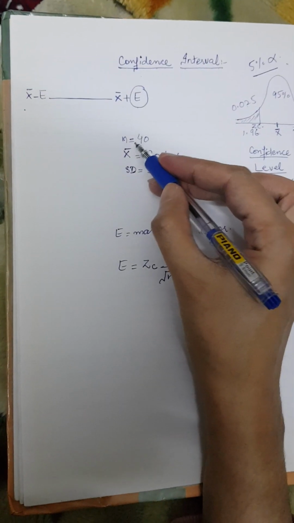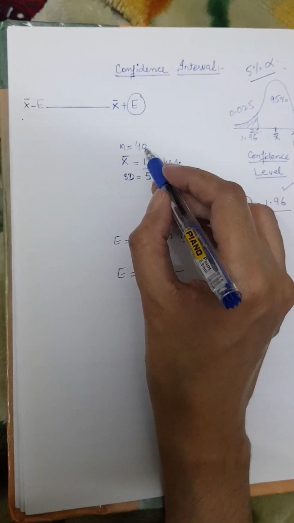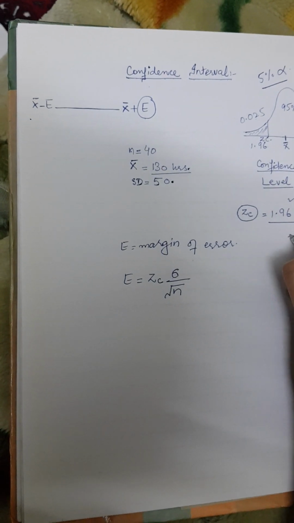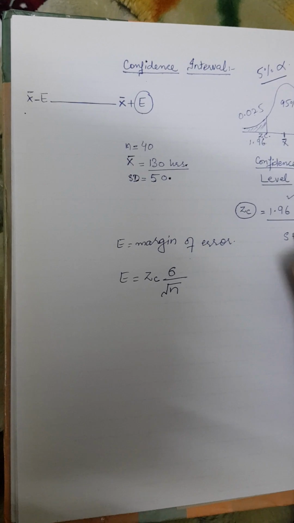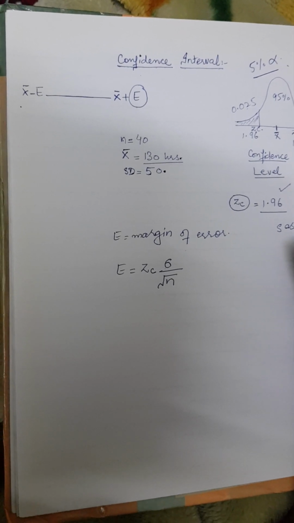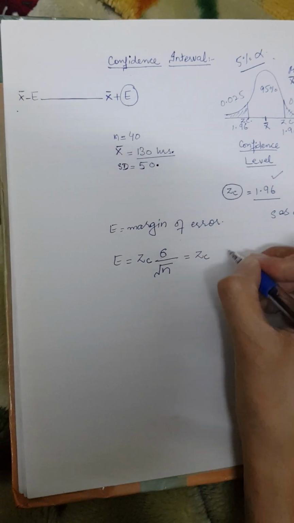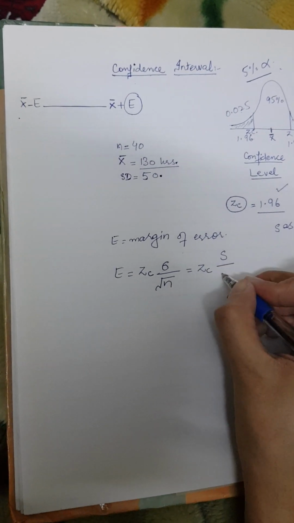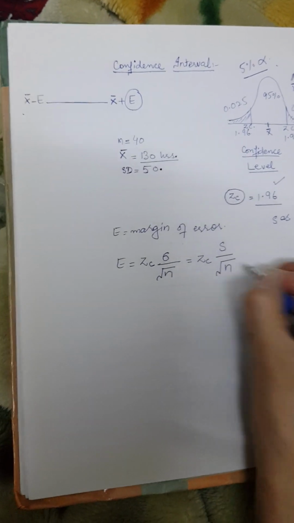n is the sample size, and as we know that our sample size is more than 30, we can use the standard deviation of this sample as the population standard deviation. So we will rewrite it as ZC multiplied by standard deviation divided by square root of n.